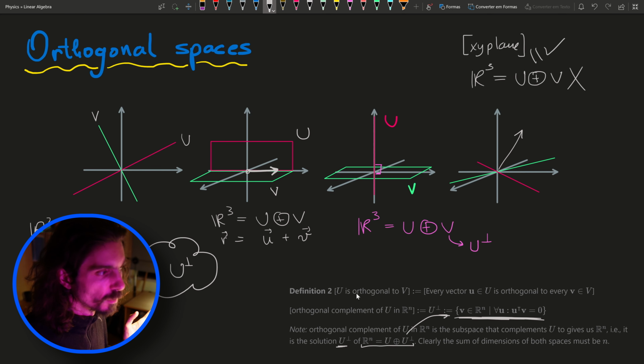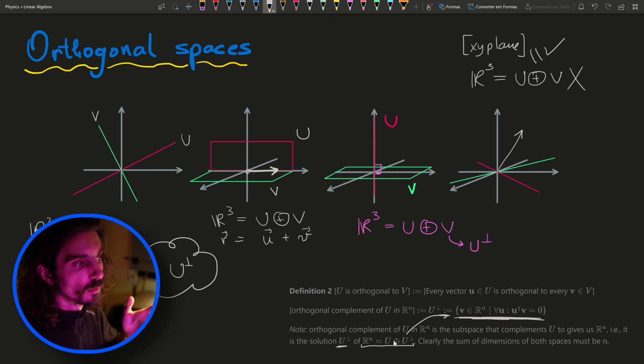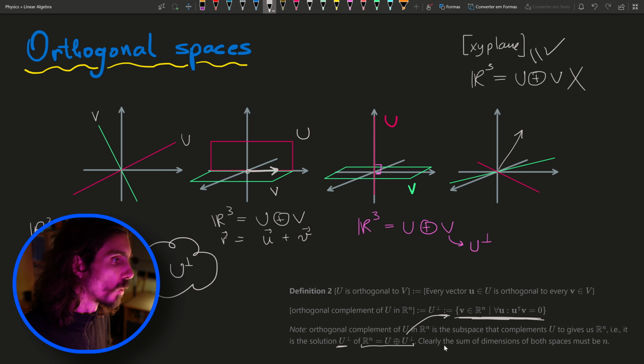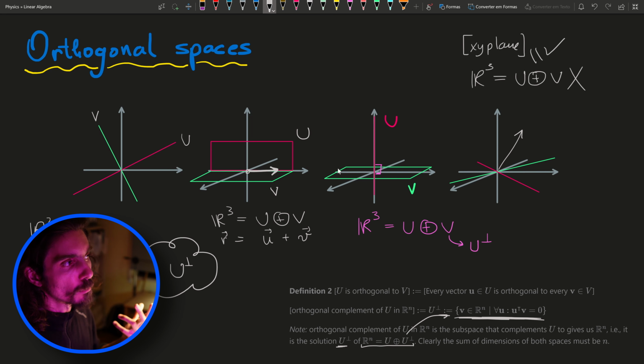Moreover, if the dimension of the whole space is n, and the dimension of U is some number, could be m, of course, n minus m is the dimension of U perpendicular. So again, the summation of both dimensions is n, as is expected. In this case, dimension 2 for the plane, dimension 1 for the line.